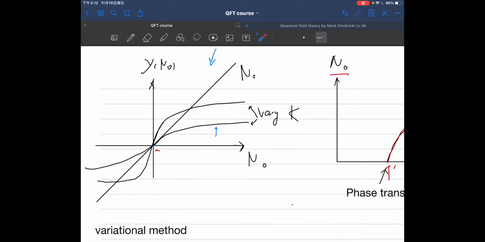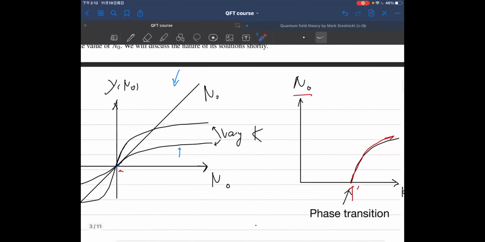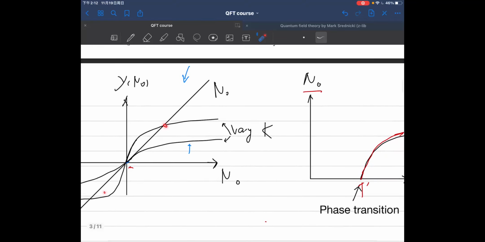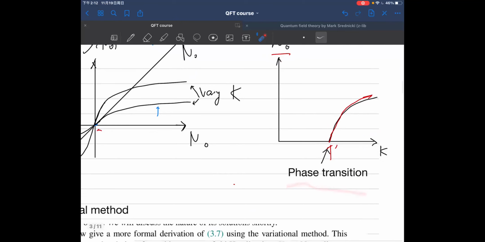That's because at non-zero temperature, the true state we see is a state with the minimal free energy, not the minimal Hamiltonian. Okay, and we want to choose one of them, so you can draw the phase transition.